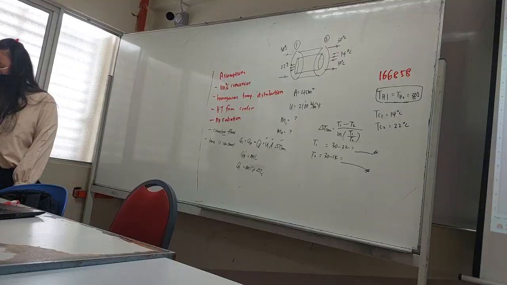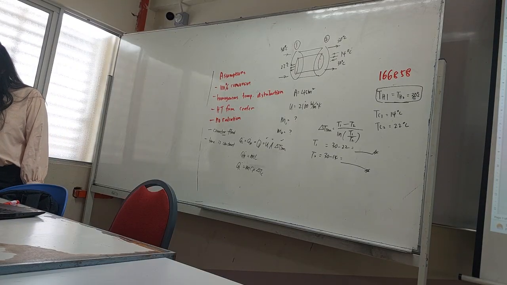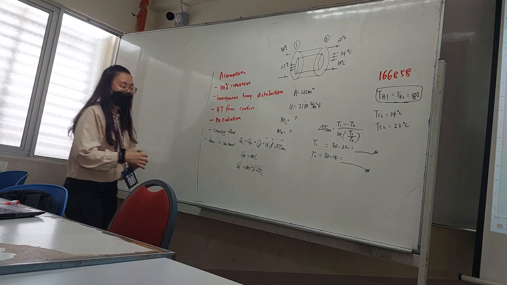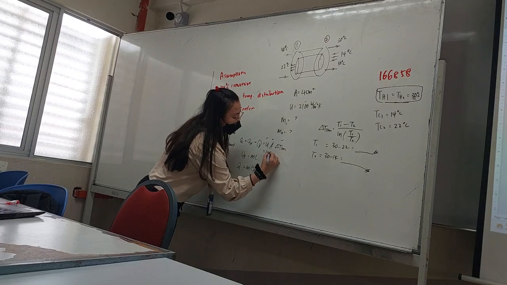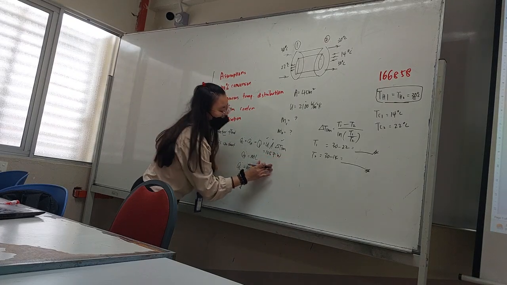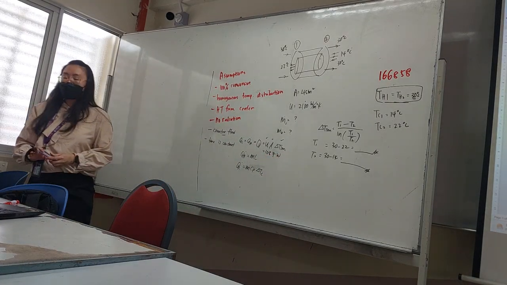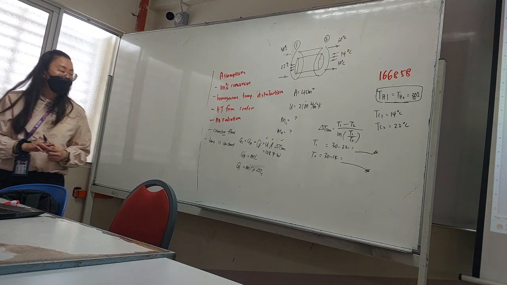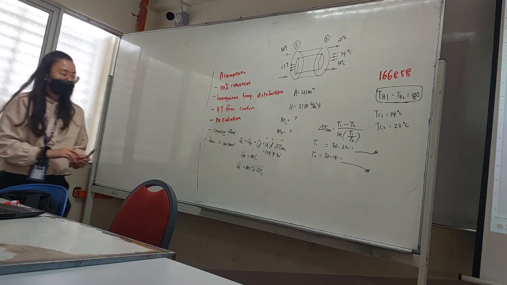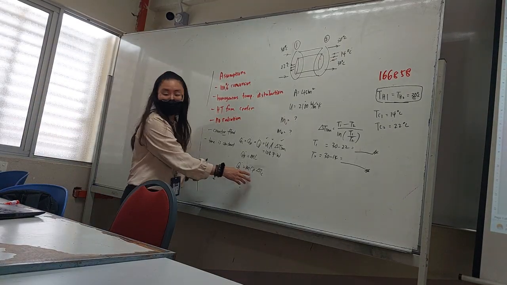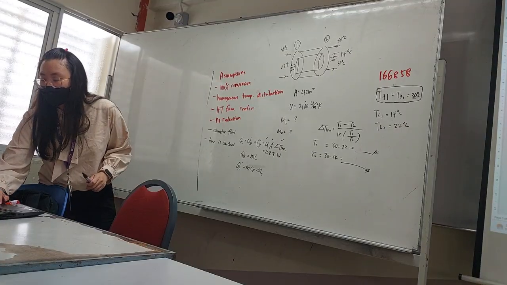The Q value you will get is 1087. You need to refer to the Cp value for the cold water.